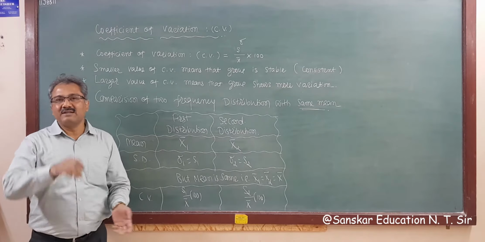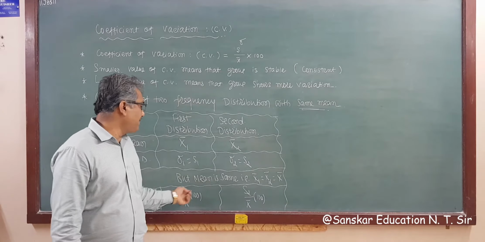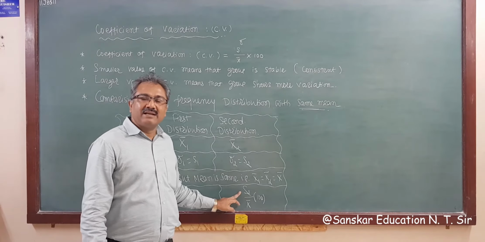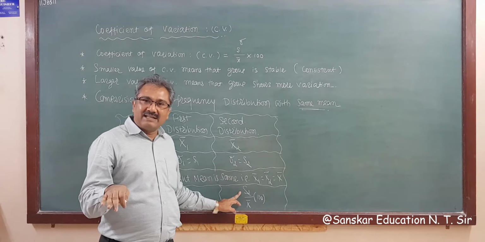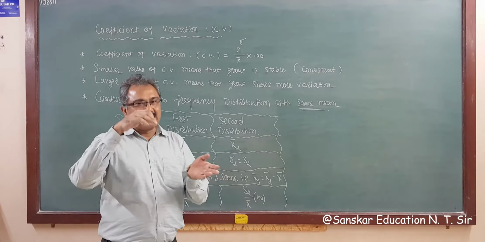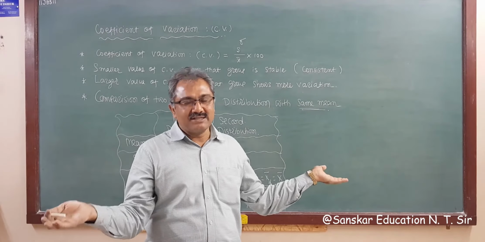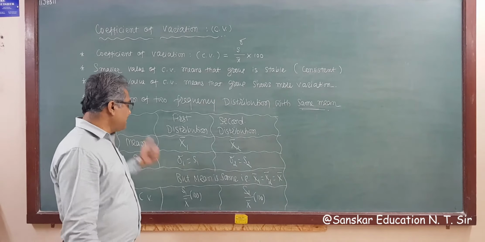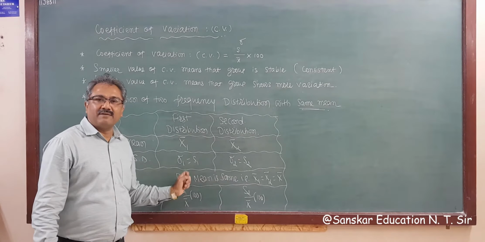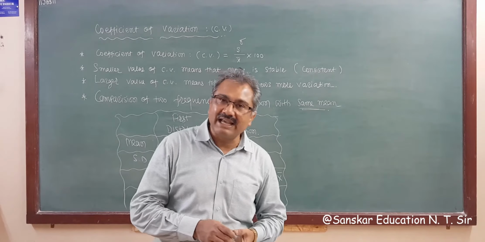Also, the series with lesser standard deviation does not have more variation. So if standard deviation is high, then variation is high. If standard deviation is low, then variation is low. So everything depends on standard deviation while the given data has the same mean.